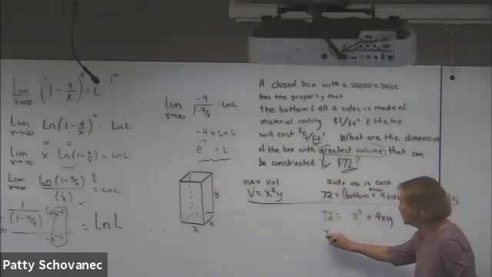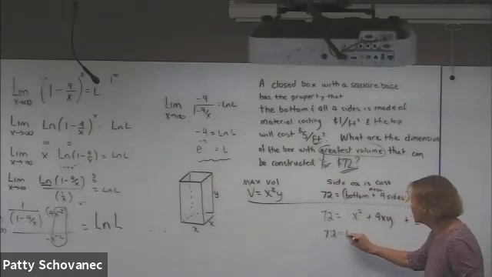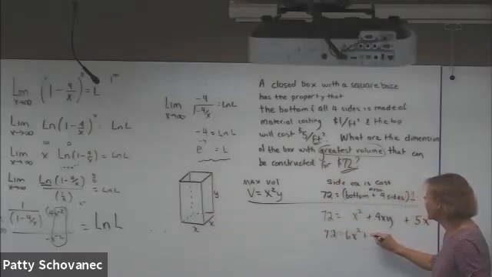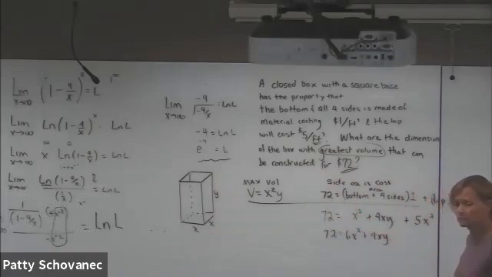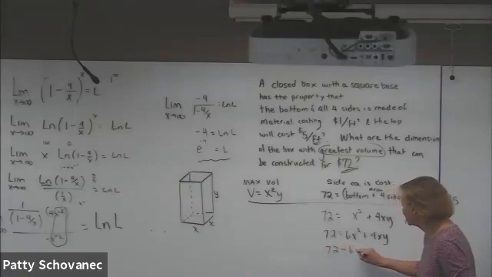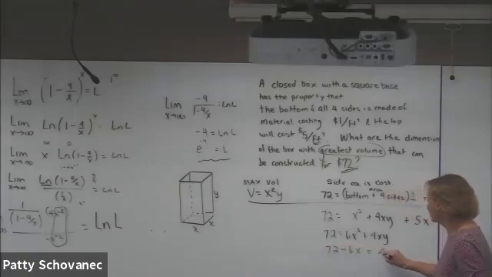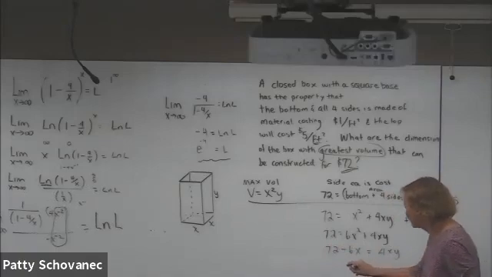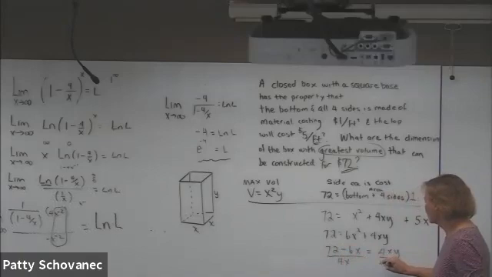So let's solve this equation for y. 72 is equal to 6x squared plus 4xy. We have 72 minus 6x squared is 4xy. So then divide everything by 4x. Let me see how much I need to simplify that.